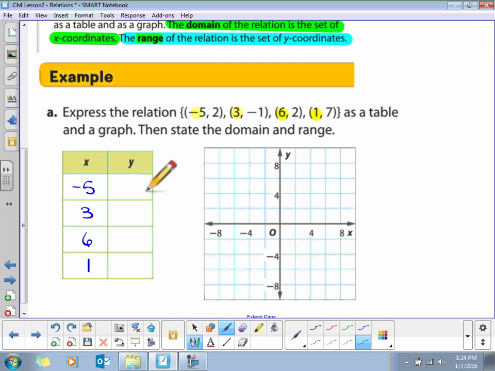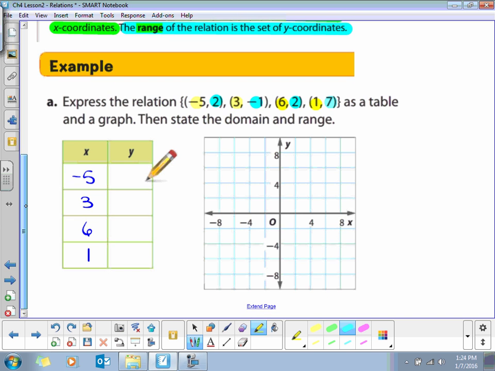The y values, of course, are the second ones, the second value. 2, -1, 2, and 7. So we list them again: 2, -1, 2, and 7. And you can see the ordered pairs, how they match up. (-5, 2), (3, -1), (6, 2), (1, 7). Okay? And there you have your table.